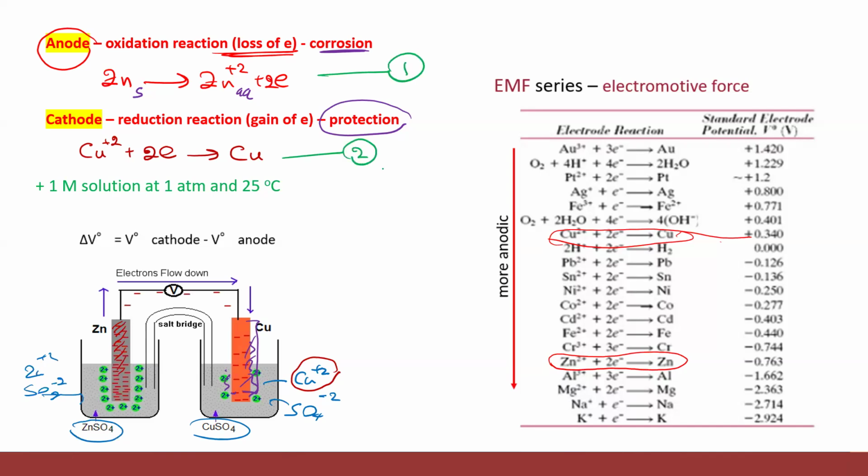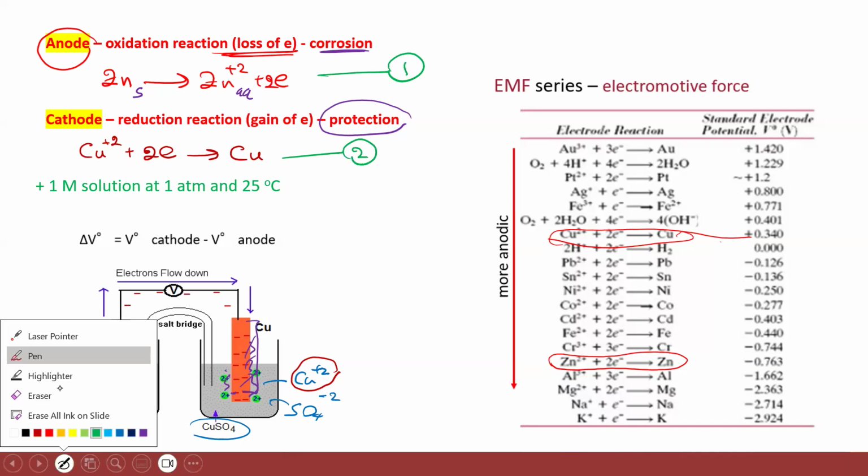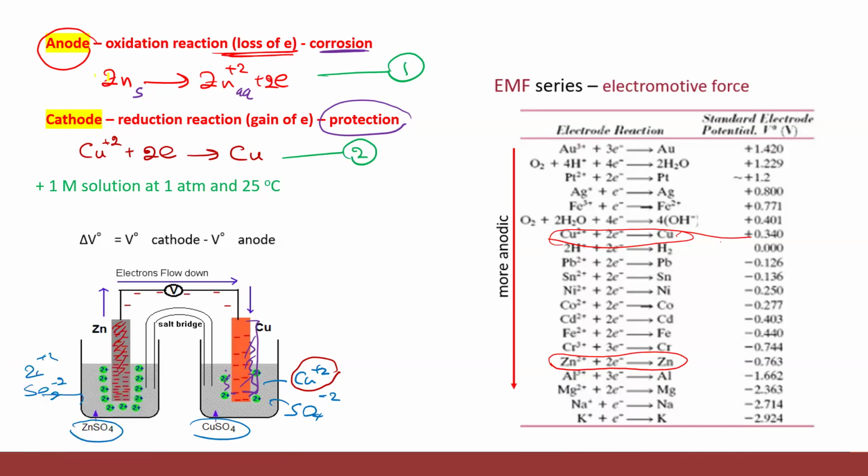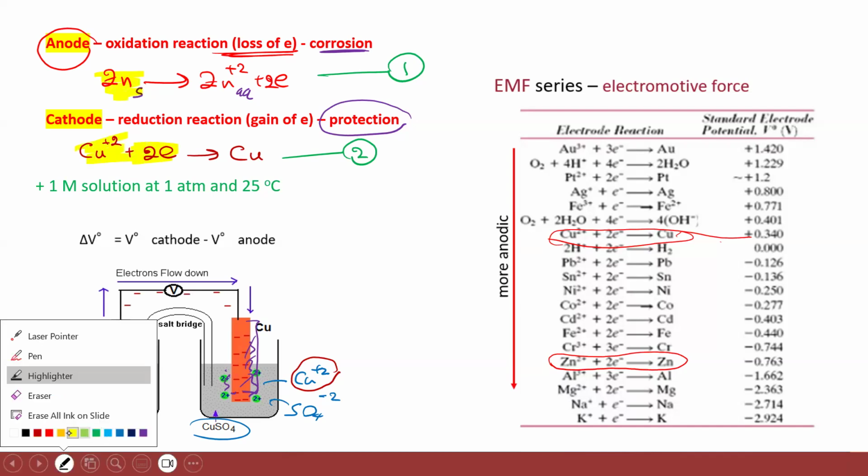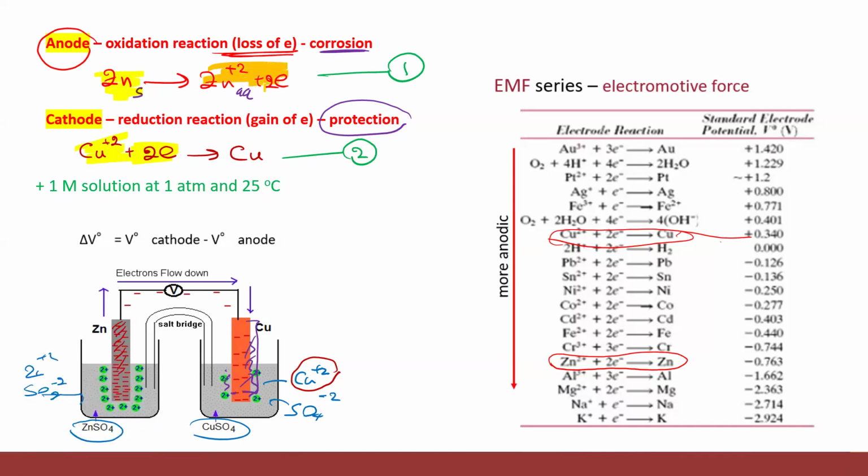You add the left-hand sides together, so on the left-hand side you have zinc, copper ions, and electrons. On the right-hand side of your overall reaction, you have zinc ions and copper solid. Can you please write me the overall reaction? Can you please tell me what you have in the overall reaction?